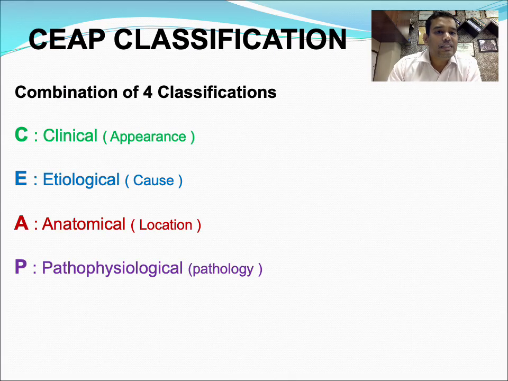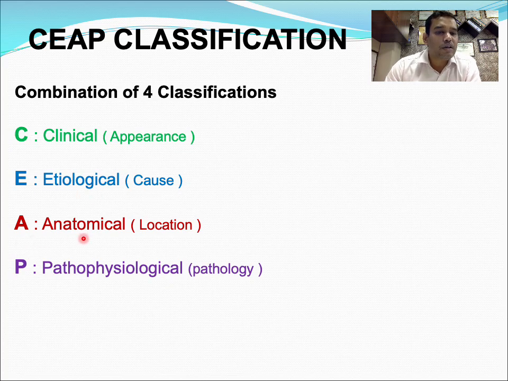Now coming to the classification, how do you classify the varicose veins? There is something called the CEAP classification. Basically, it's a combination of 4 classifications. C is for clinical classification, that is the appearance of the vein. Second is the etiological classification, that is E, what is the cause, why did these varicose veins occur.